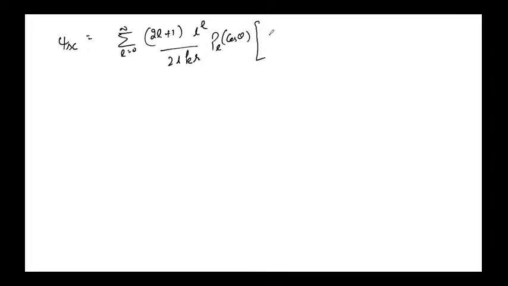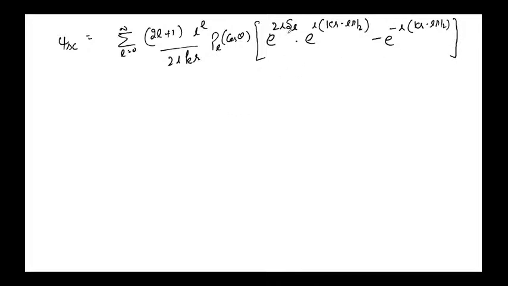So putting the value of S_L, that is exponential of 2i sigma_L, into exponential of i kr minus L pi by 2 minus exponential of minus i kr minus L pi by 2.